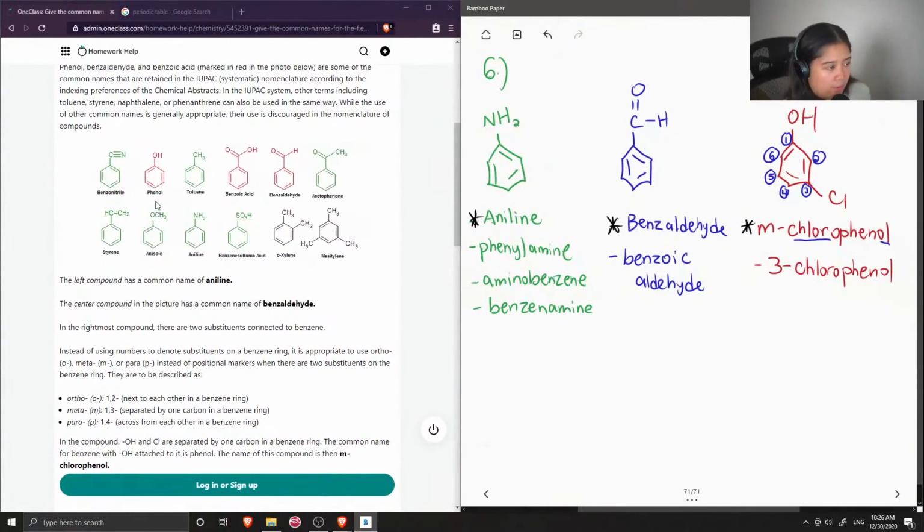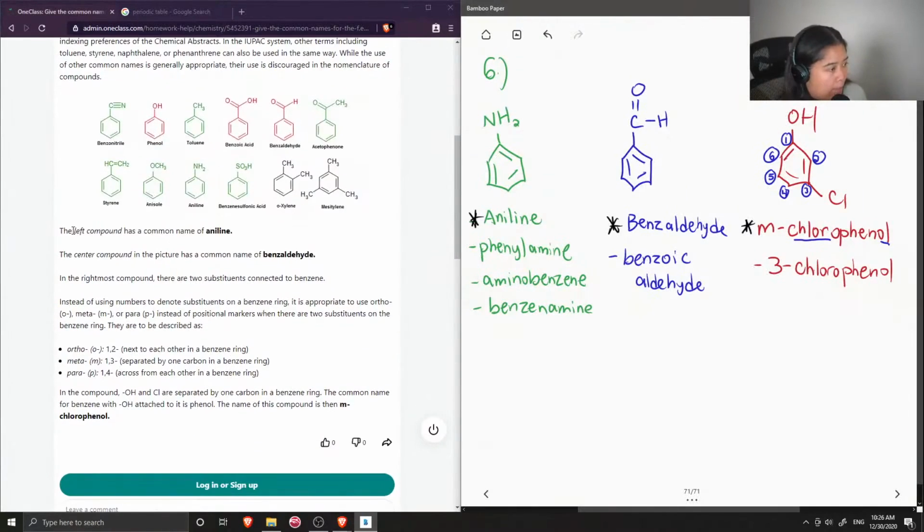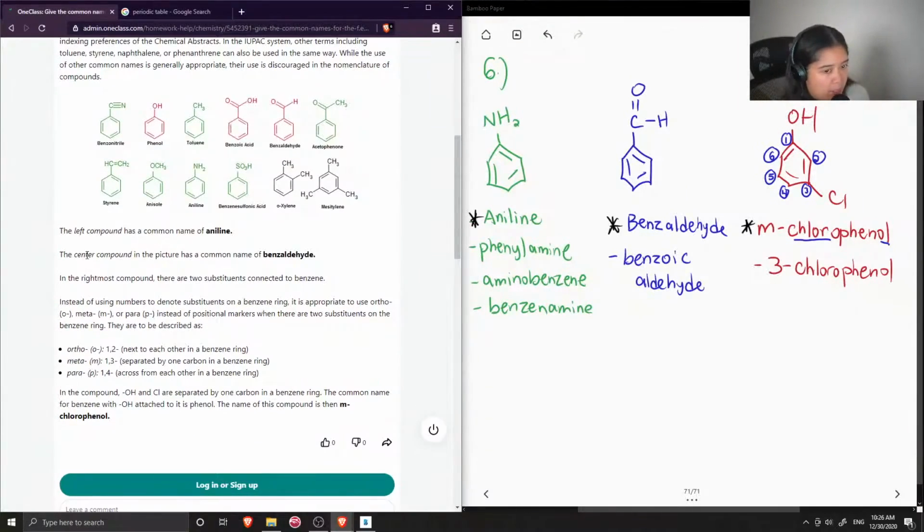So here they have a lot of other examples like benzonitrile, toluene, acetophenone, and the left compound has a common name of aniline. The center compound in the picture has a common name of benzaldehyde, and in the rightmost compound there are two substituents connected to benzene.